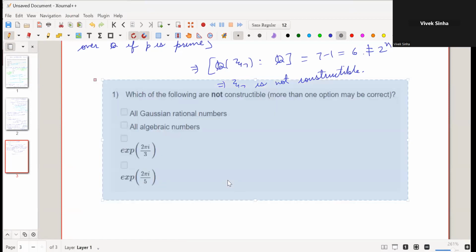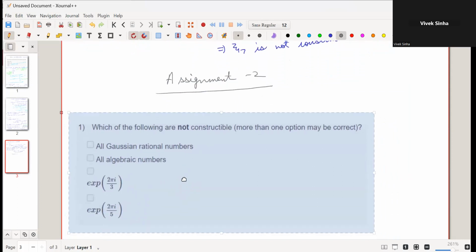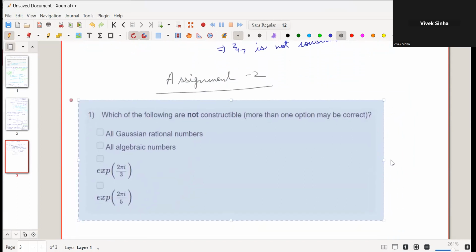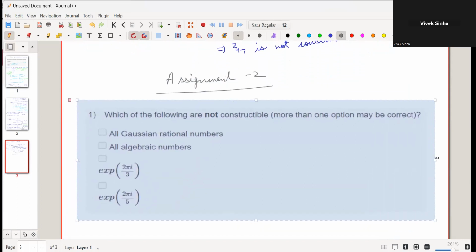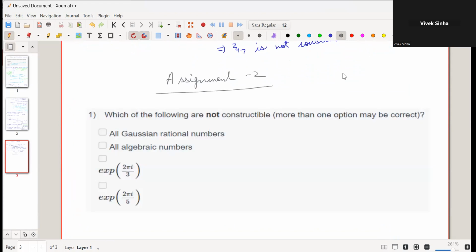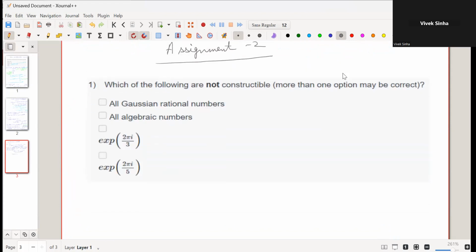Here we go. The first question is, which of the following are not constructible? So all Gaussian rational numbers.